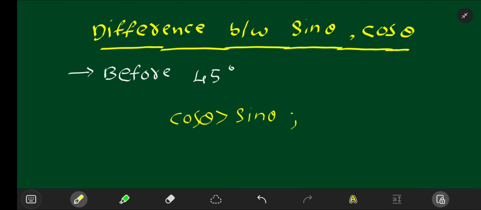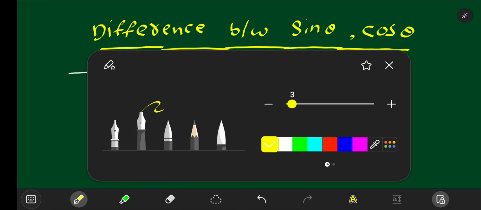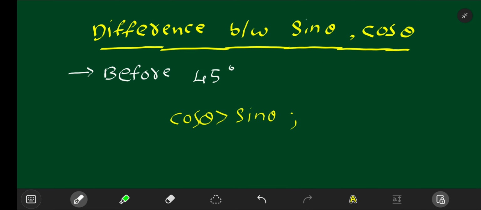That is, theta is in between 0 degrees and 45 degrees. Pi by 4 is 45 only.